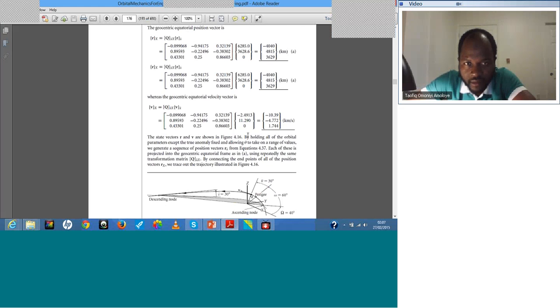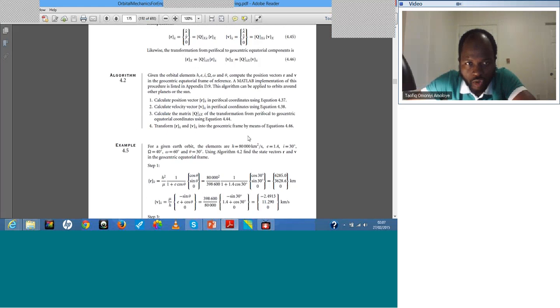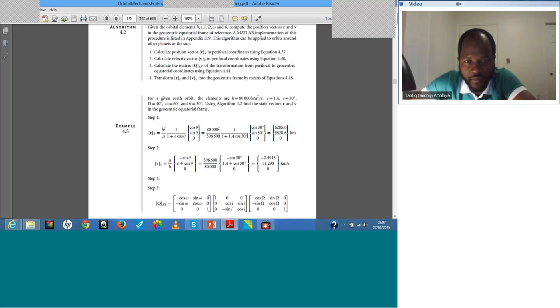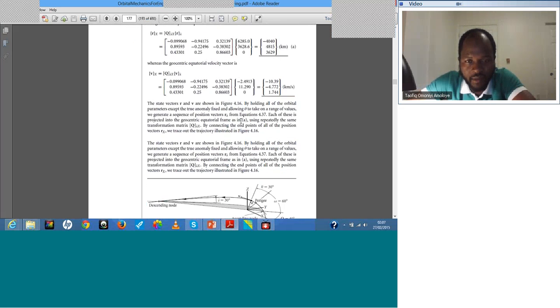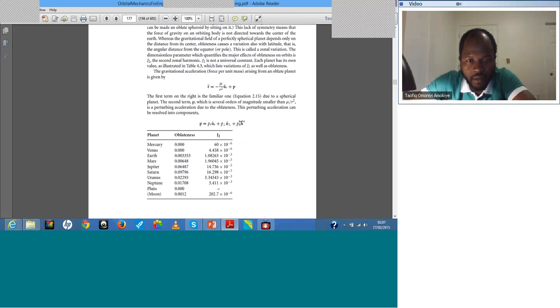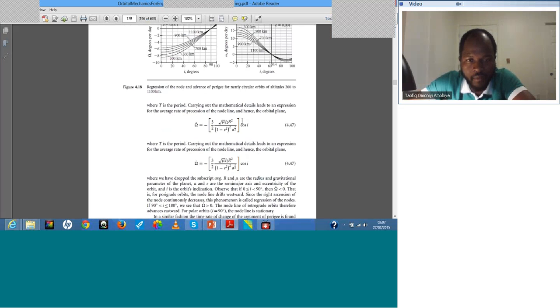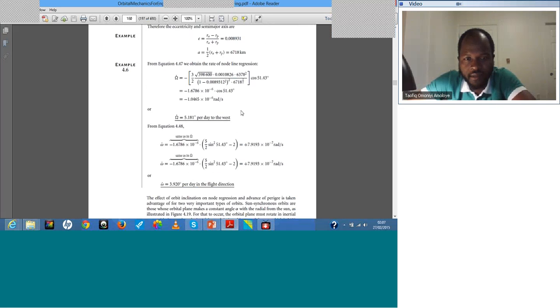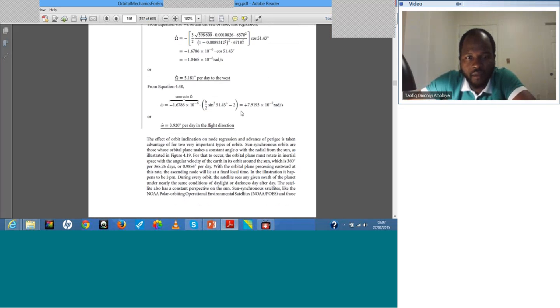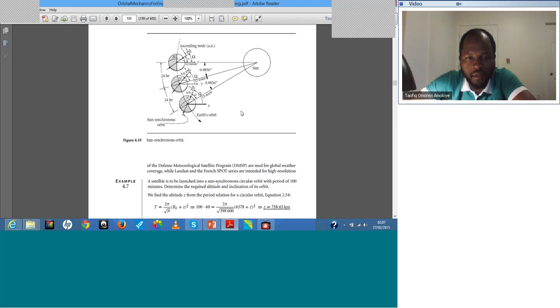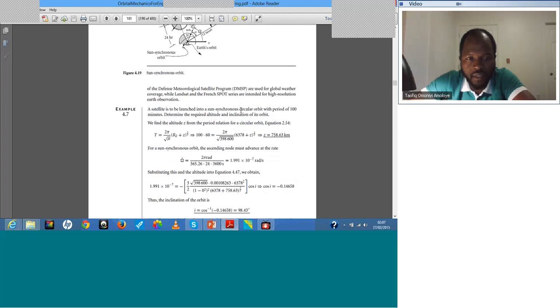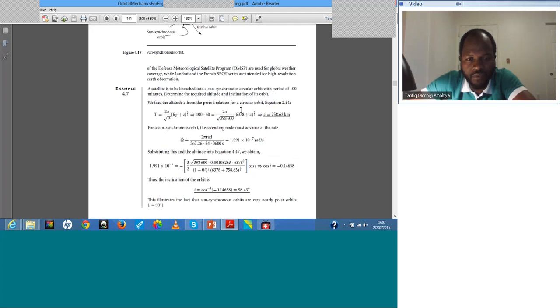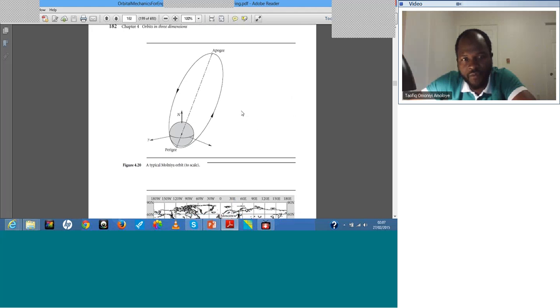So go through example 4.5, and then example 4.6, and example 4.7.